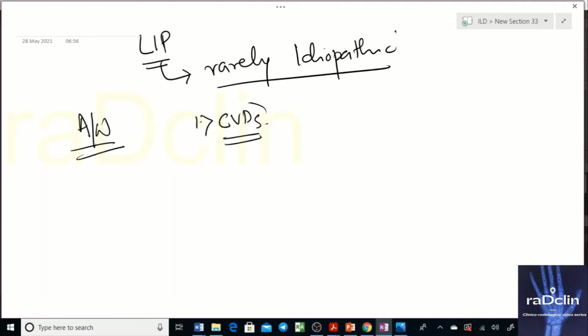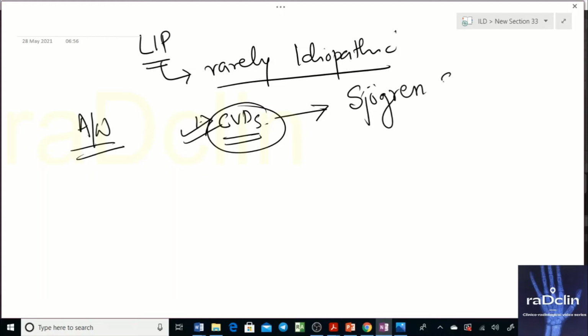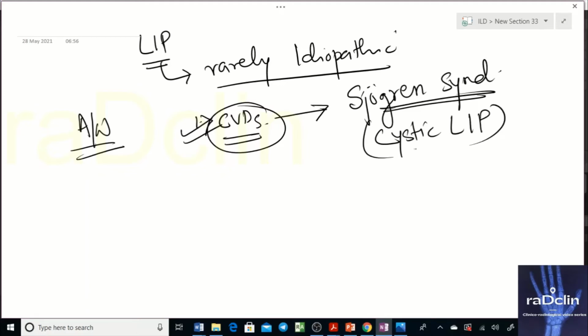And if you ask me what is the one collagen vascular disease that you should always remember, in which LIP is typically seen, and the cystic pattern of LIP is seen, that third pattern we wrote, scattered cysts. That particular collagen vascular disease is Sjogren syndrome. So characteristically, it is Sjogren syndrome, especially the cystic LIP. Very important thing to remember.